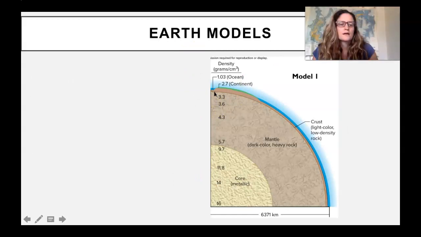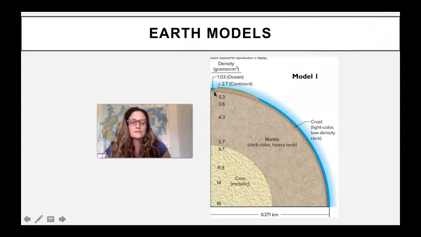In model one here, this is a crust, mantle, core. The rocks on the outside, or from the crust, have a lower density. They're lighter colored rocks. The average composition of the continental crust is that of a granite.